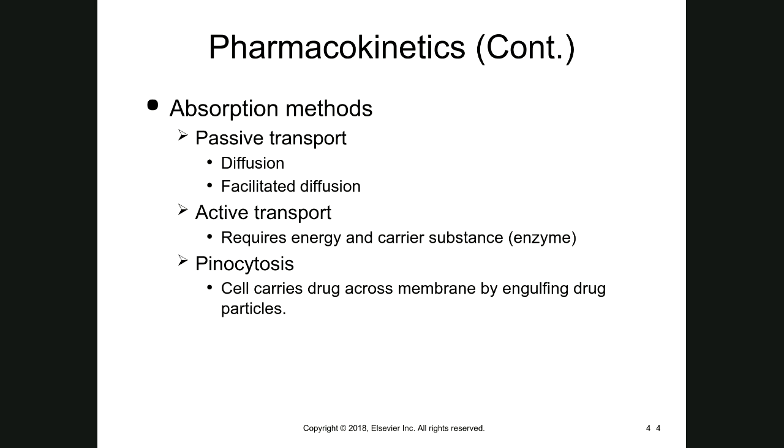Large particles are able to pass through the mucous membrane if they are non-ionized, basically having no positive or negative charge. They sometimes are absorbed in the duodenum, depending on the health of the individual.